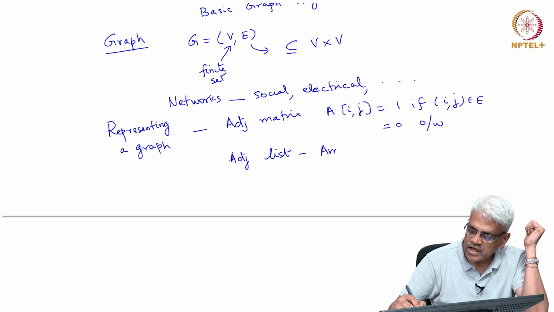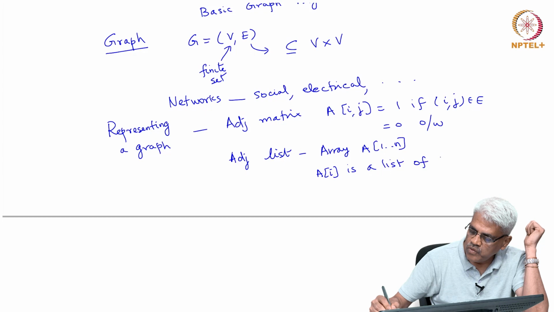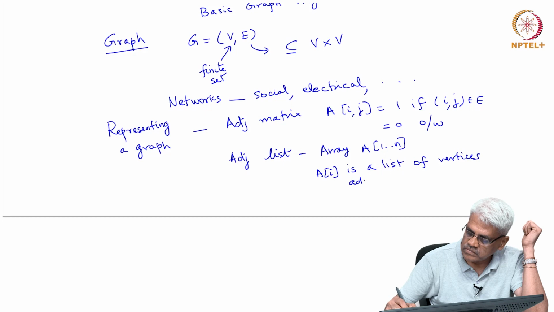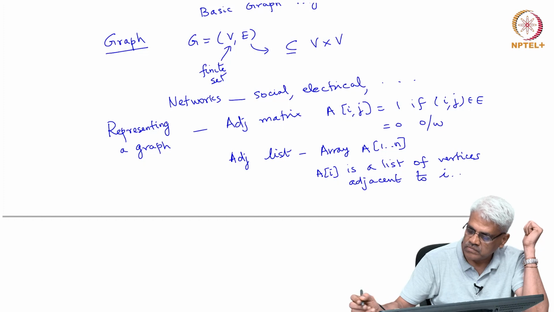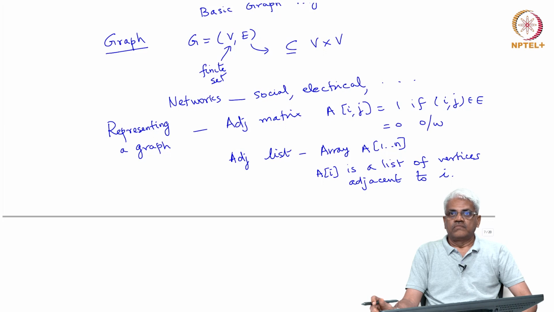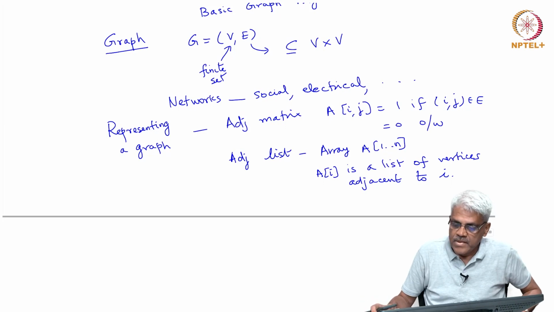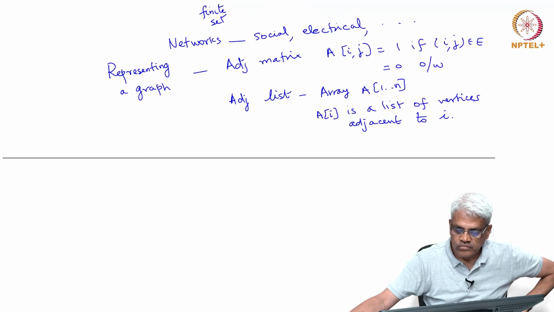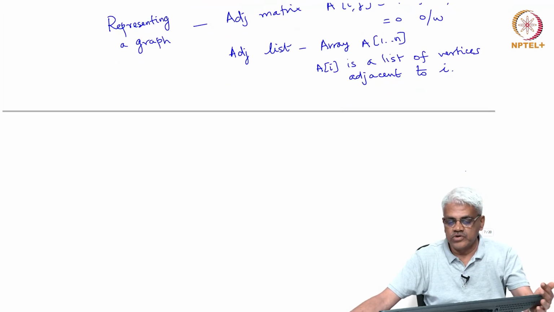It's an array A1 to n where Ai is a list of vertices adjacent to i. Each has its pros and cons.